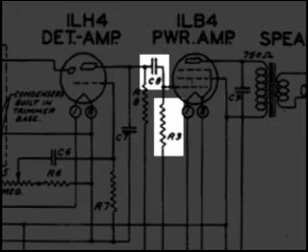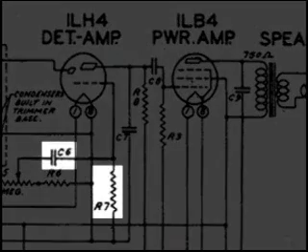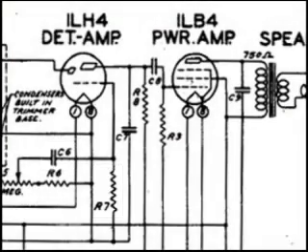R3 is the resistor that supplies the bias voltage for the 1LB4, and C8 is the capacitor that the signal passes through to the grid. R7 is the bias resistor for the 1LH4, and C5 is the capacitor that the signal travels through, and in this case it's from the volume control.